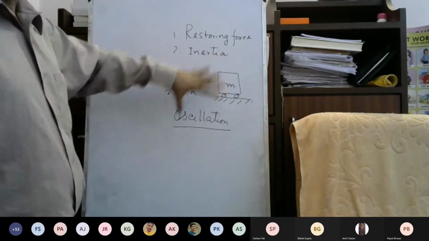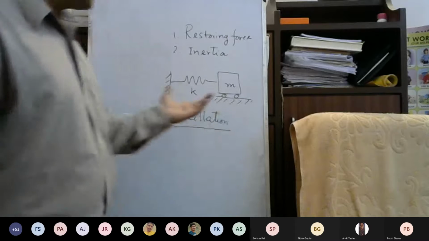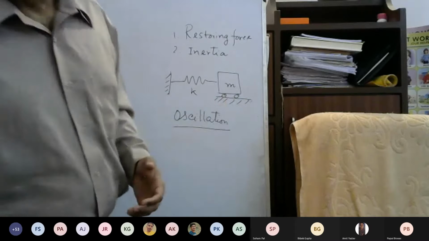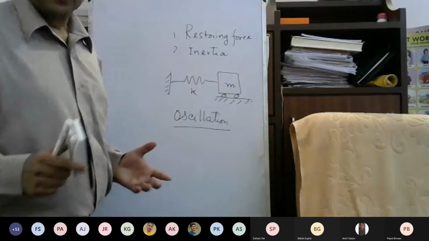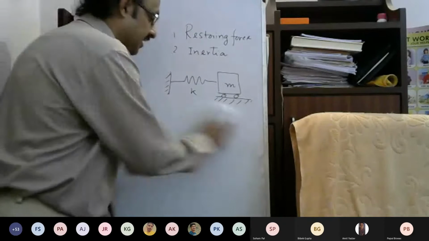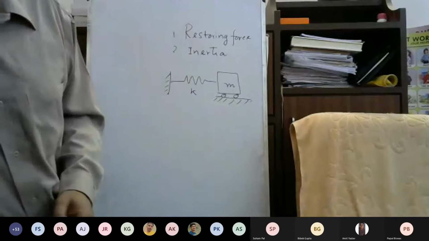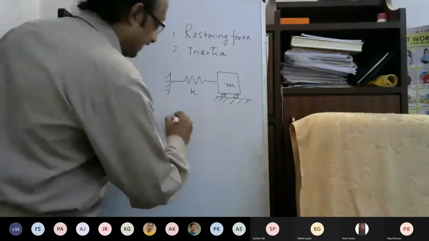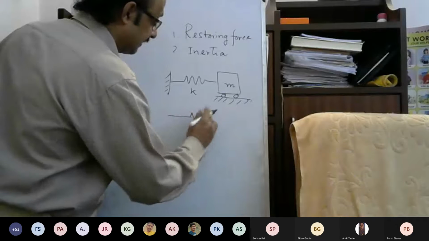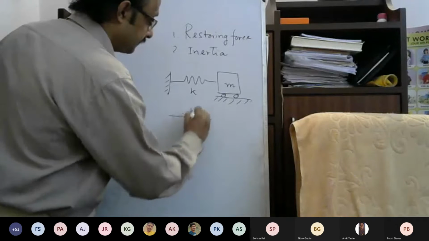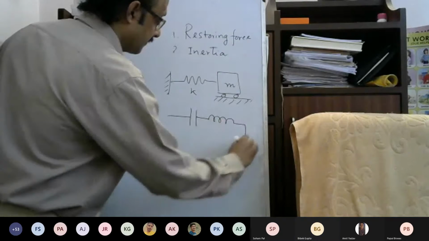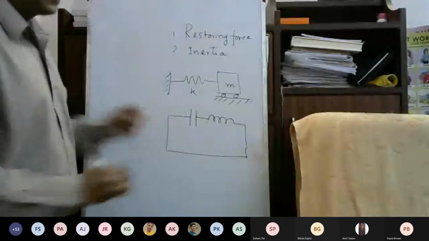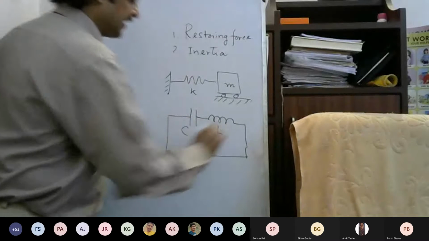Oscillation is also a to and fro motion, but it may not be the motion of a mechanical system; it may be the physical motion of a particle, like the motion of a charge. In electrical engineering, they study the oscillatory system, which is the analog of this oscillation.